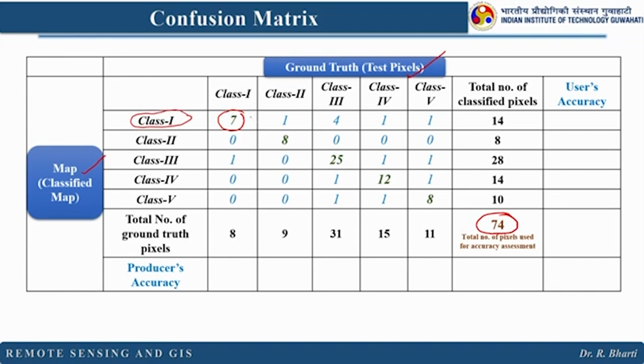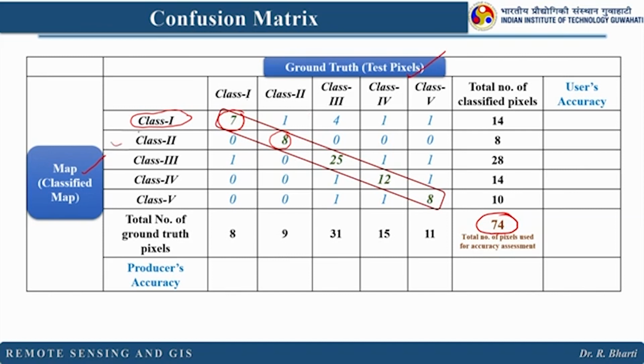If you see the diagonal elements, they are the correctly classified image pixels, right. So, 7 pixels which were class 1 are also class 1 in the classified image. In class 2, 8 pixels are correctly classified as class 2.